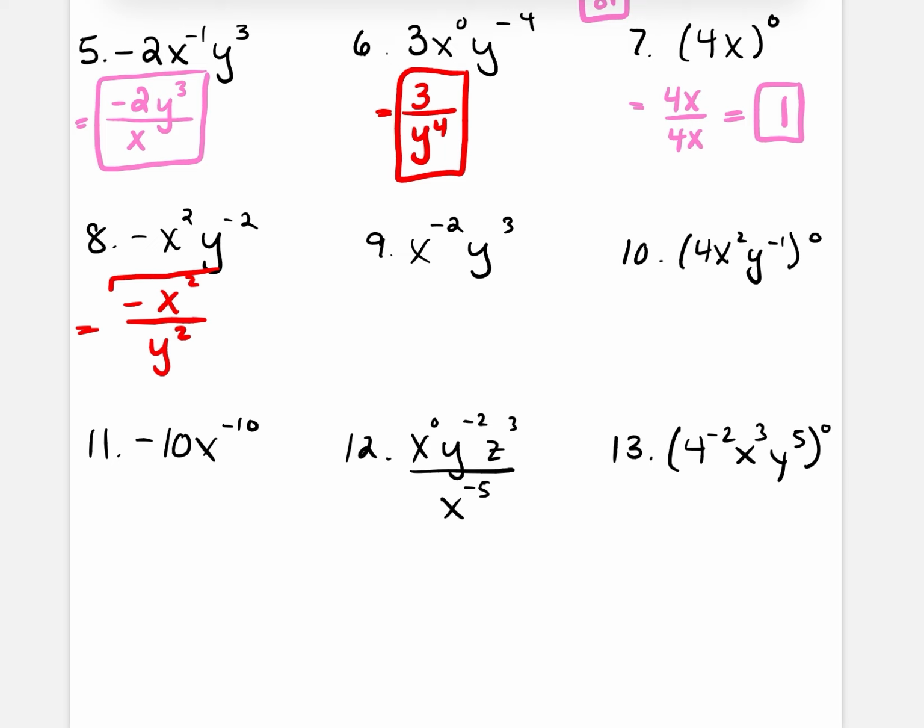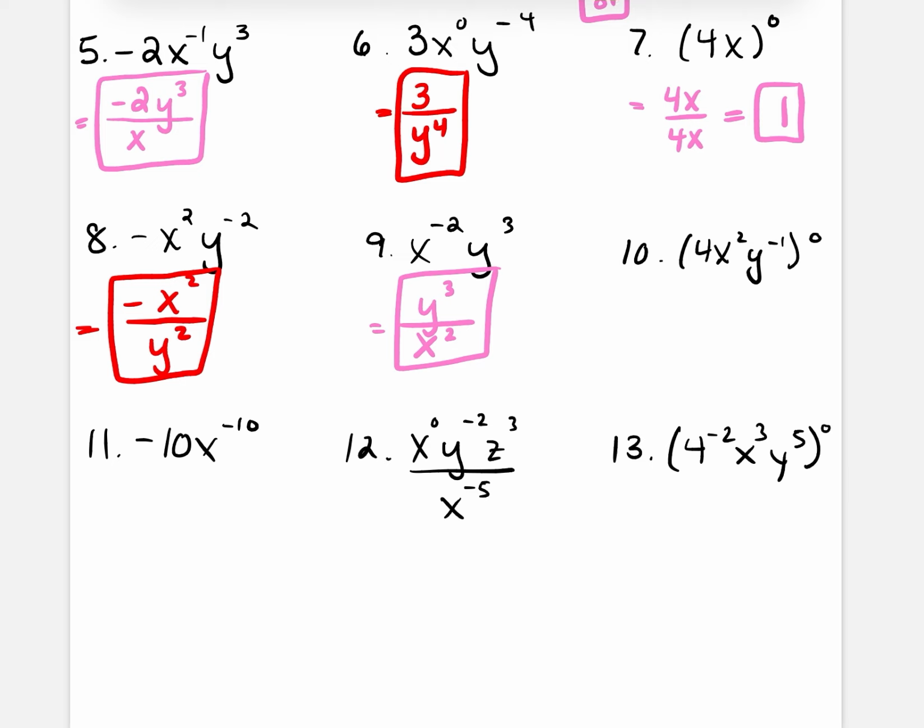And so this is our simplified answer. Number 9, x to the negative 2. I want to take the reciprocal of that, so I'm going to put x in the denominator, x squared. Y cubed has a positive exponent, so I'm going to keep it in the numerator.